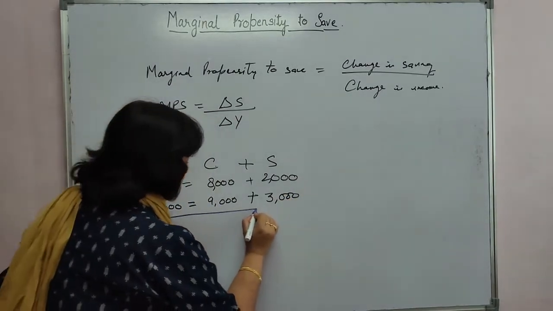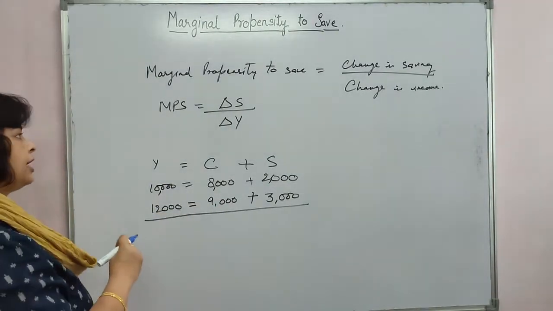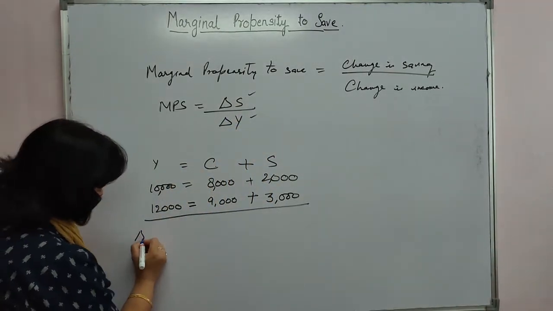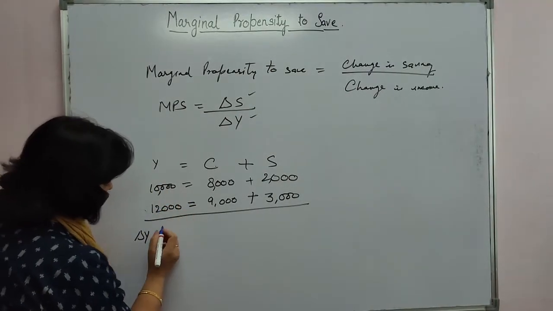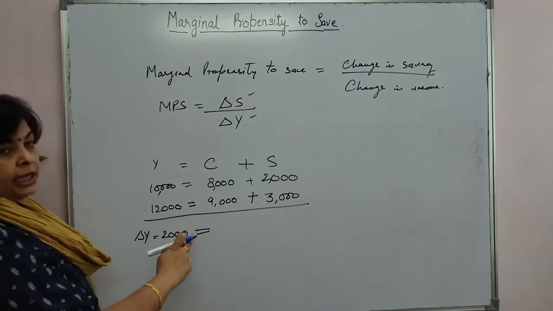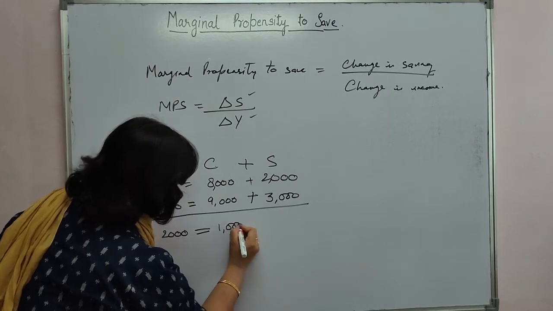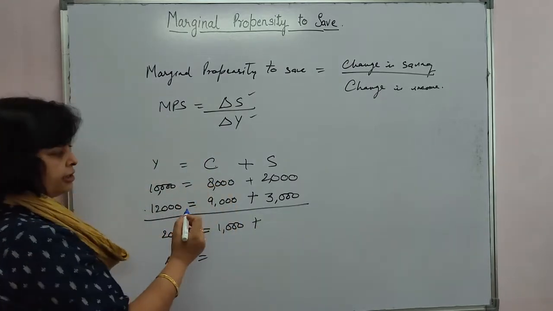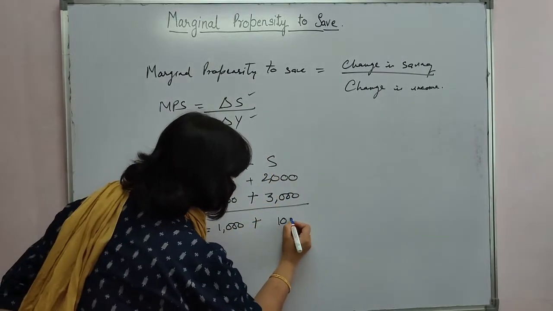Now, if we have to calculate the value of MPS, that is marginal propensity to save, we will have to calculate the value of delta S and delta Y. First of all, delta Y is Y1 minus Y0, that is 12,000 minus 10,000, which is 2,000. Now delta C will be 9,000 minus 8,000, which is 1,000, and here also 3,000 minus 2,000 is equal to 1,000.